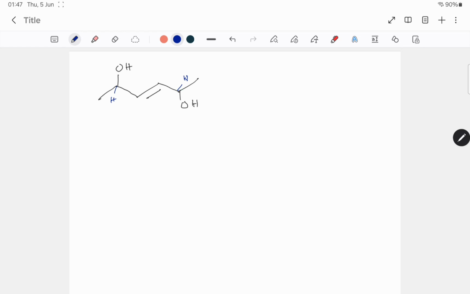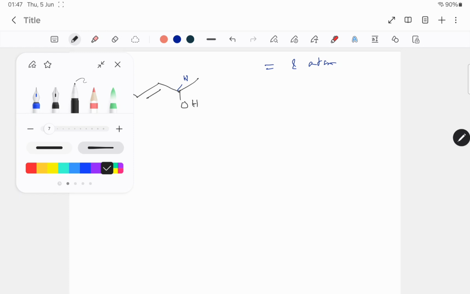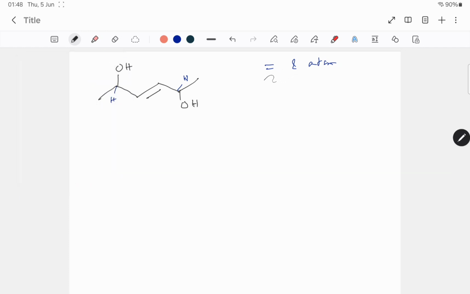What is a stereocenter? A stereocenter is a double bond or an atom, which may be carbon, nitrogen, sulfur, whatever, across which geometrical isomerism as well as optical isomerism can occur. That's called a stereocenter. They can simply apply the formula 2 to the power n, but it won't be applicable here. You have to consider the actual structure.